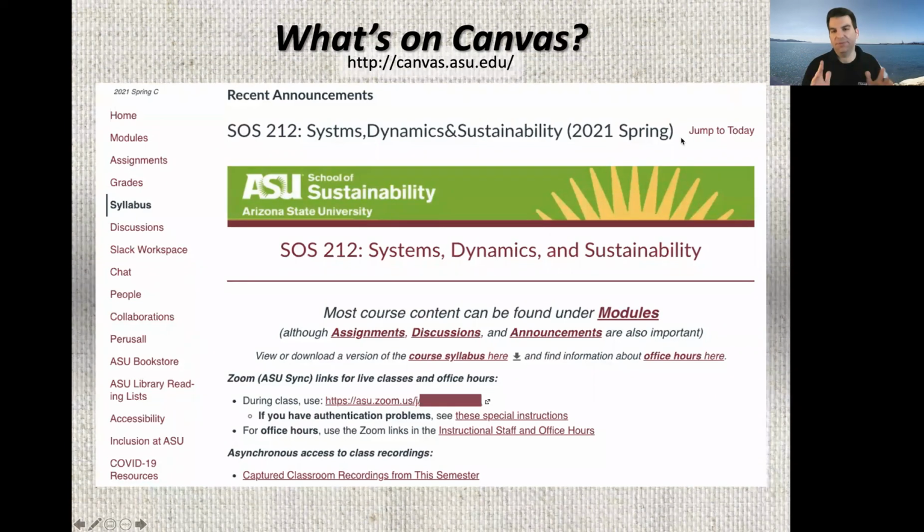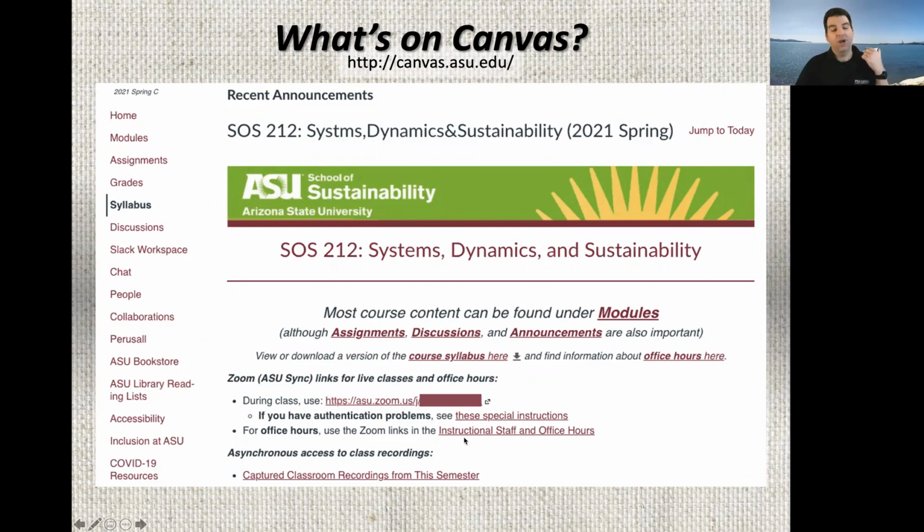All of the stuff that you possibly need for this course is on Canvas. I also use Slack to post as an alternate modality, but generally anything important should be available on Canvas. Right here on the front page of Canvas, you've got the link to our current room. If you need to know how to get into office hours, there's a link to the instructional staff and office hours that has Eric's and my information on it, and when and how you can reach us.